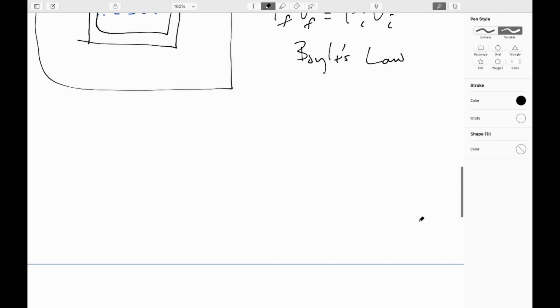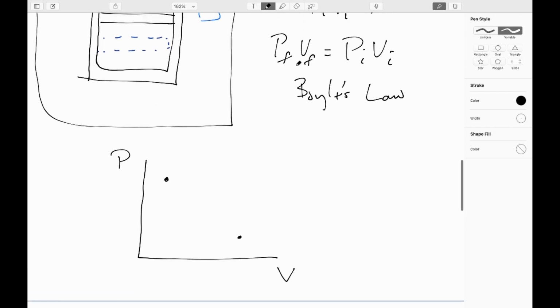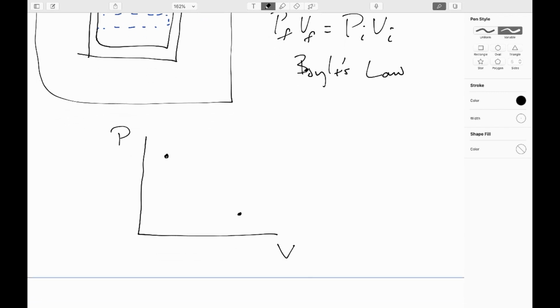And a PV diagram for this, well, let's say it was an isothermal expansion. Since the product of pressure and volume is constant, if pressure goes up, volume has to go down. So they're going to go as reciprocals of each other. So here the pressure will be proportional to 1 over the volume.